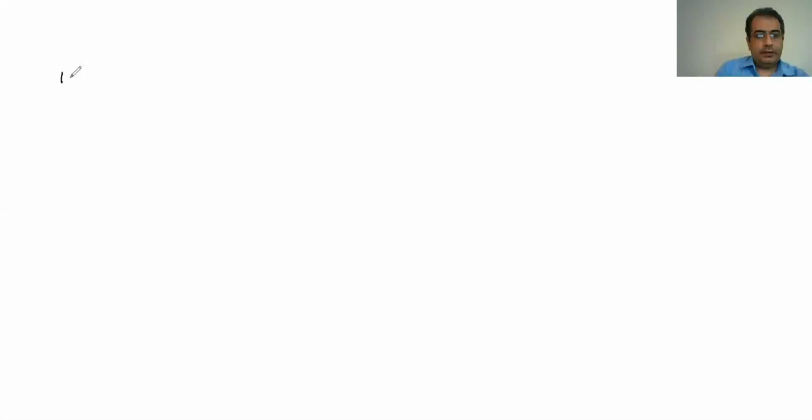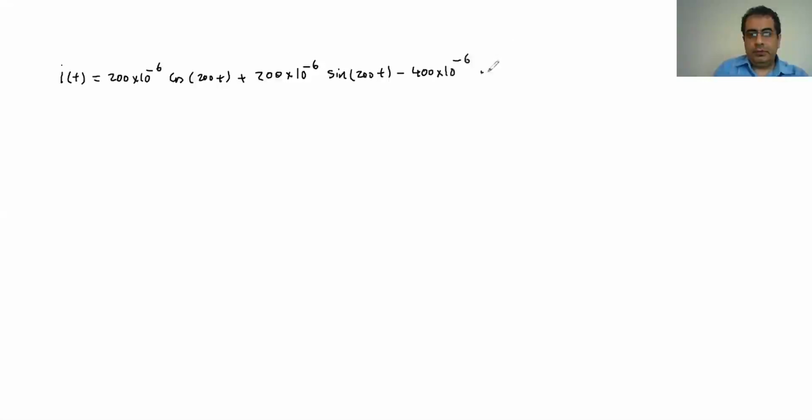The iT is going to be 200 times 10 to the negative 6 cosine 200t plus 200 times 10 to the negative 6 sine 200t, and minus 400 times 10 to the negative 6 e to the negative t over RC.